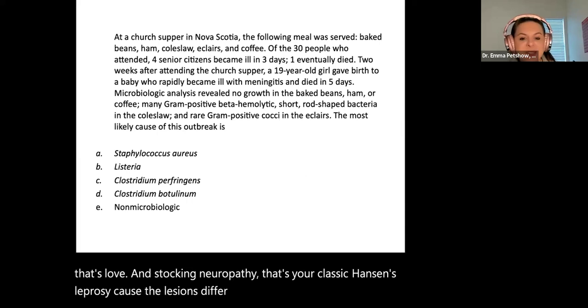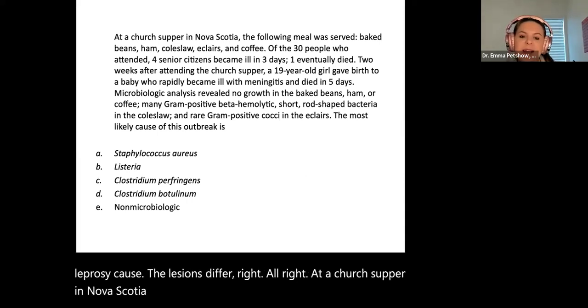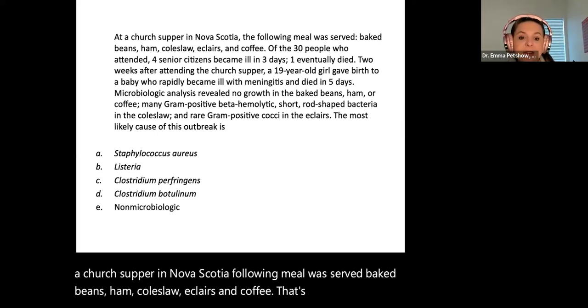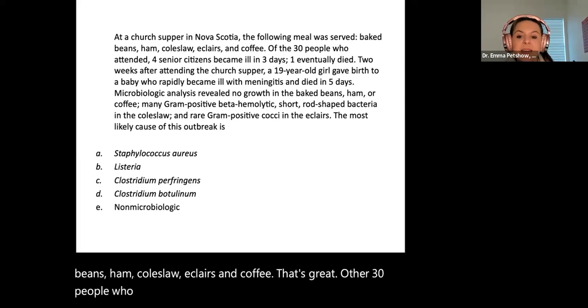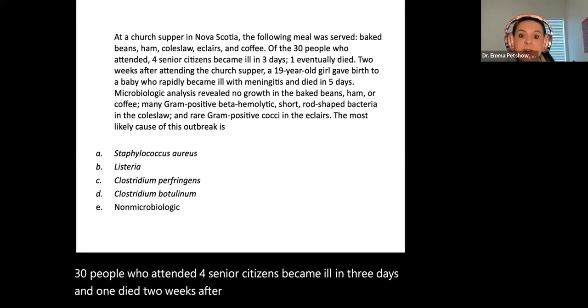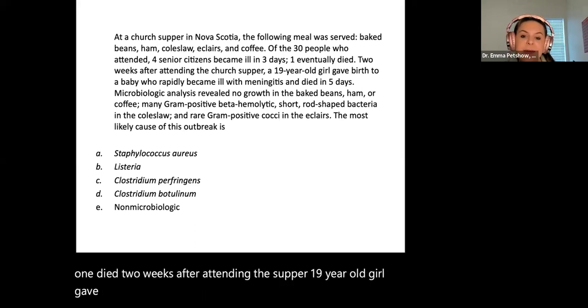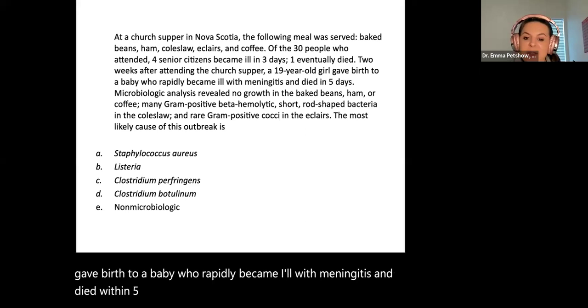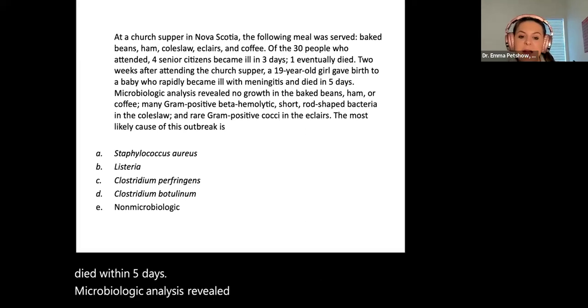All right. At a church supper in Nova Scotia, the following meal was served: baked beans, ham, coleslaw, eclairs, and coffee. Of the 30 people who attended, 4 senior citizens became ill in 3 days and 1 died. 2 weeks after attending the supper, a 19-year-old girl gave birth to a baby who rapidly became ill with meningitis and died within 5 days. Microbiologic analysis revealed no growth in the baked beans, ham, or coffee.